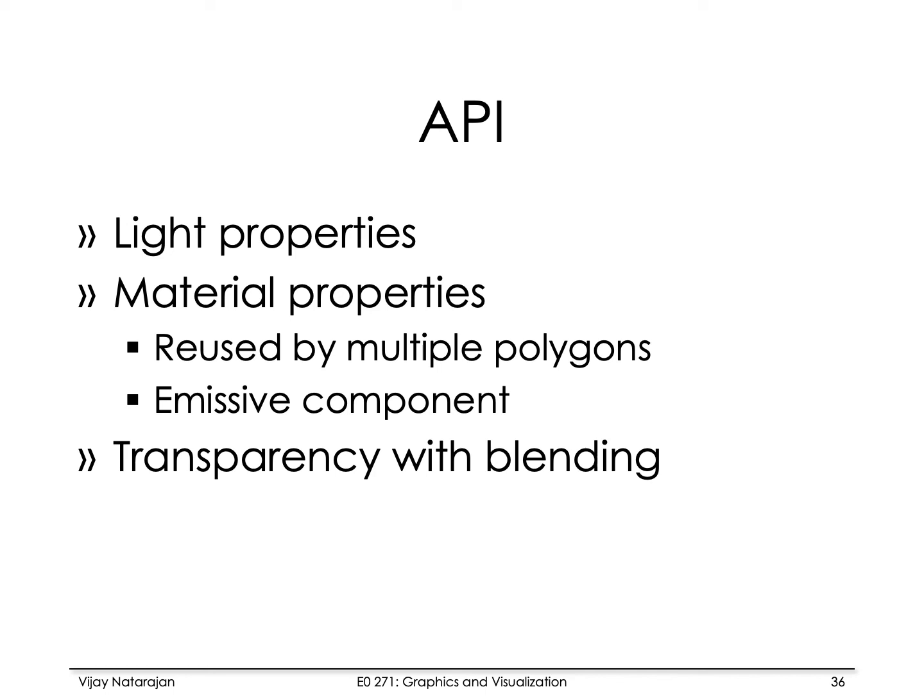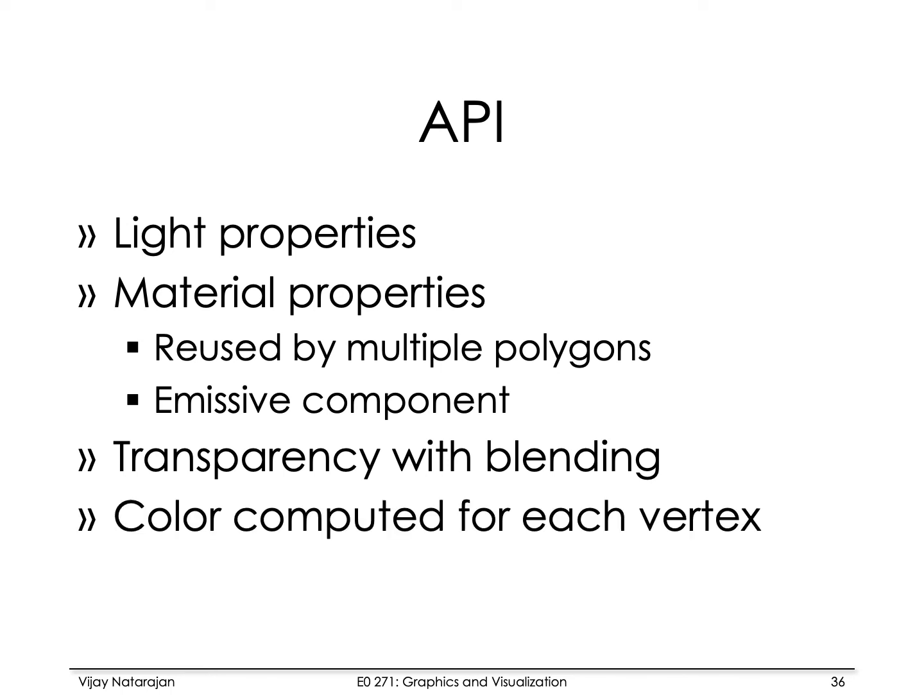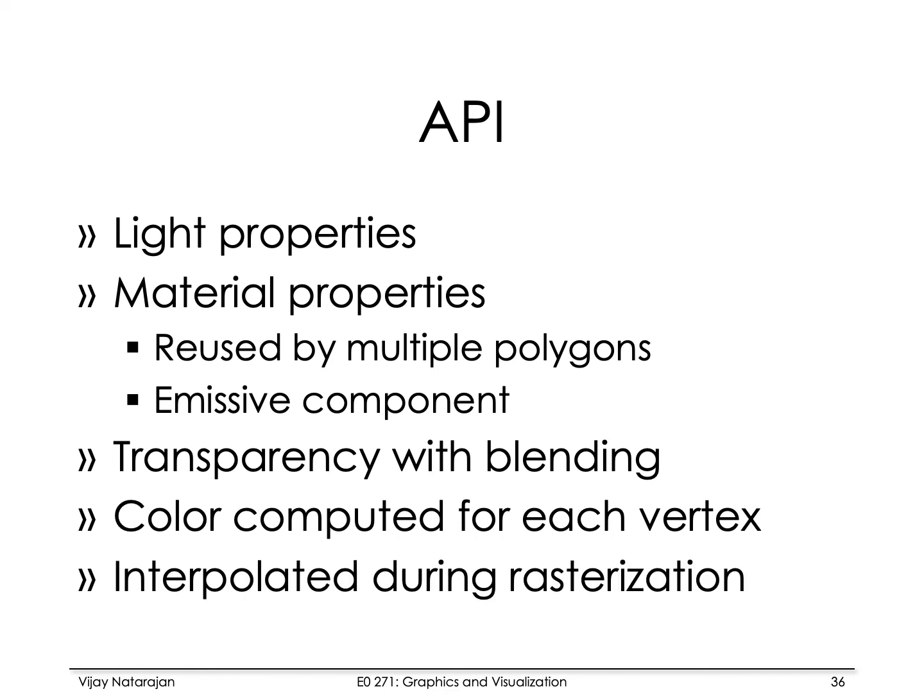The API typically provides some support for transparency and blending between different colors. We will actually see this a few weeks later. The API should support color being computed for every vertex and some form of interpolation of color during rasterization.